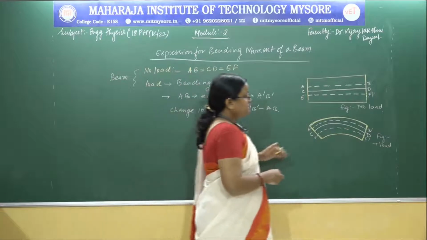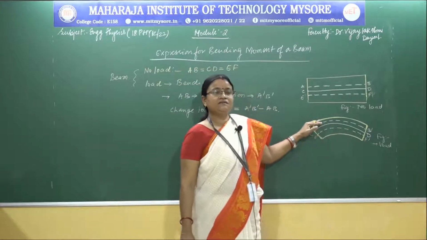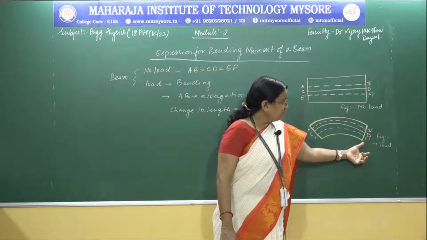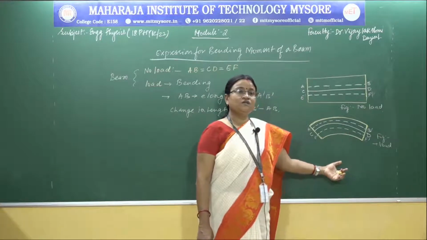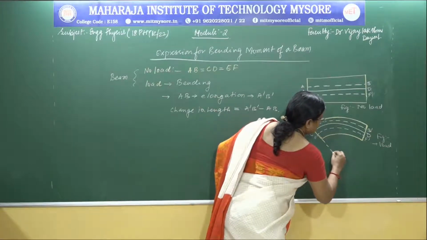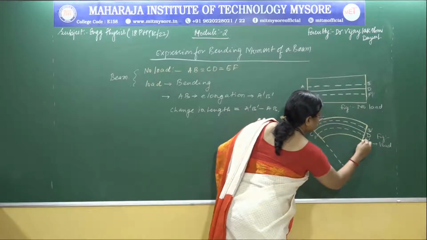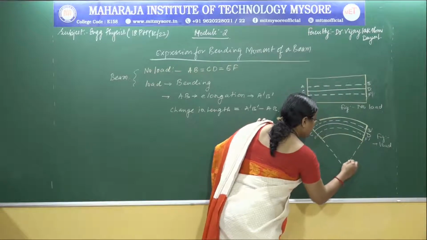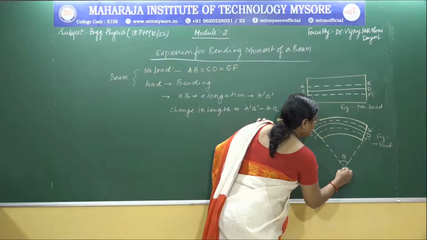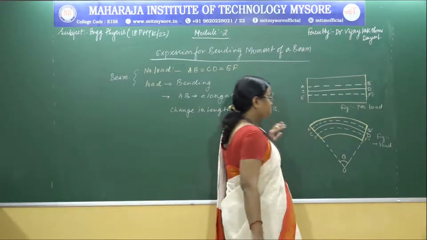Now we will consider that these layers, which are bent due to the application of the load, are part of a concentric circle which subtends the angle theta at the origin.